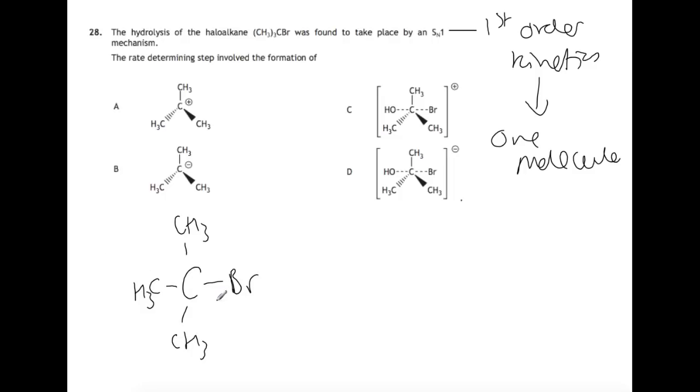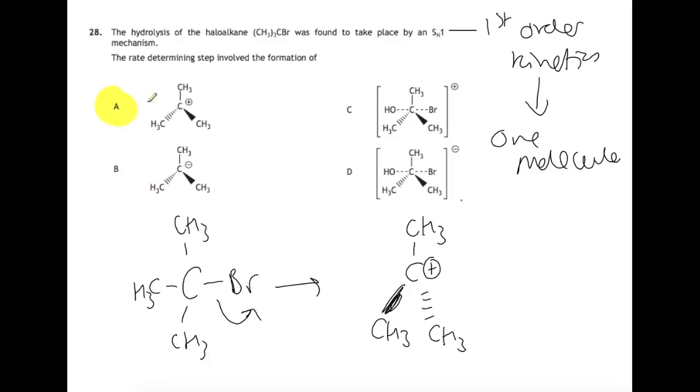As nothing can attack this, your bromine here can come off to create your carbocation. In the process, this rearranges so that we have a trigonal planar arrangement of bonds, which means that your answer here is A.